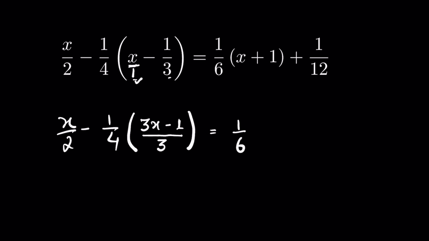Again we have parenthesis here, x plus 1. We cannot add a variable and a number, so we will multiply the 1 upon 6 with x.